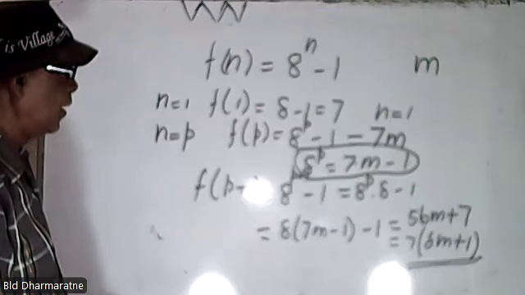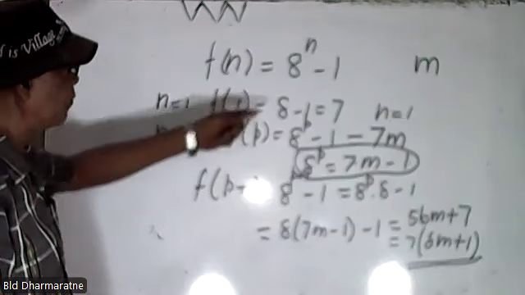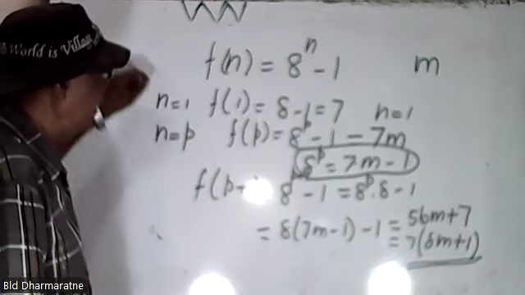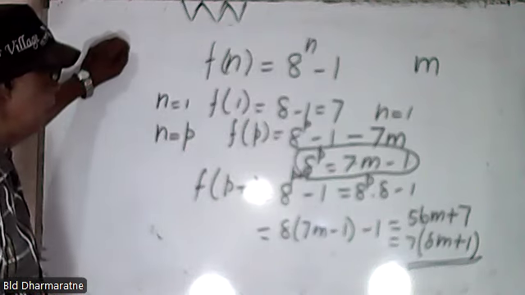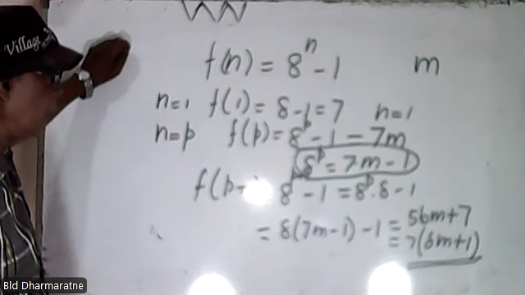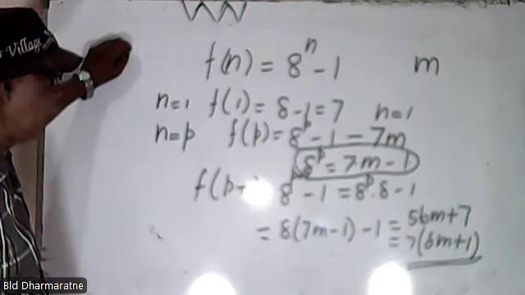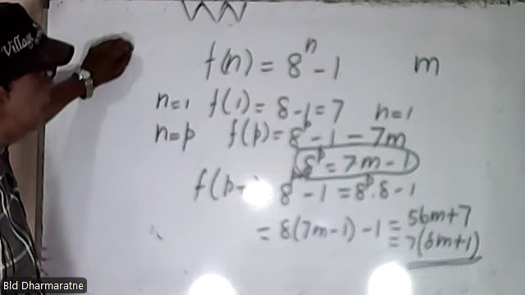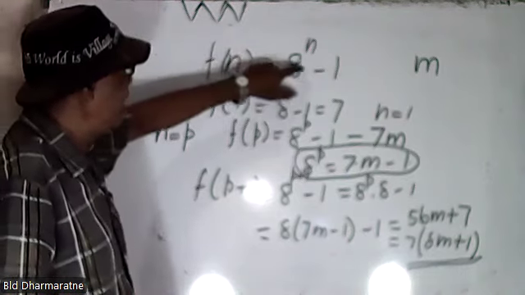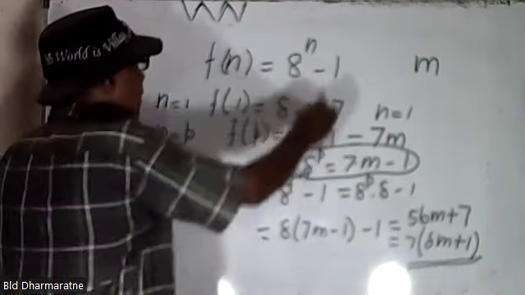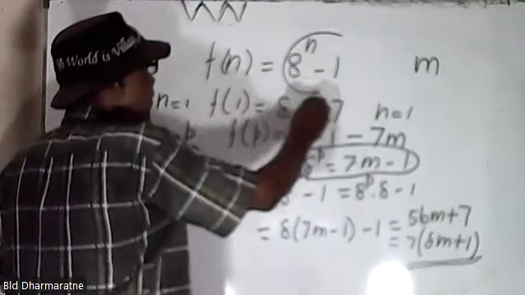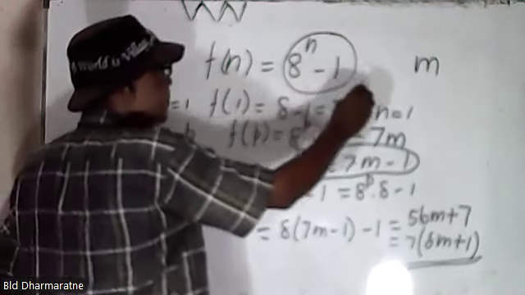Already proved the formula by mathematical induction: for all positive integers n, Fn equals 8^n minus 1 is divisible by 7.